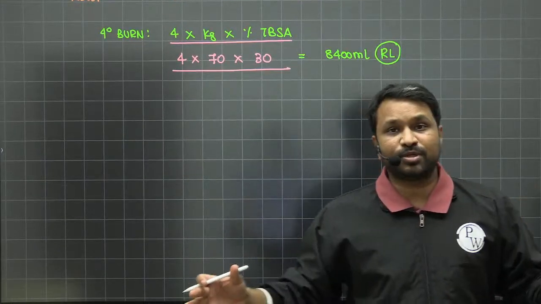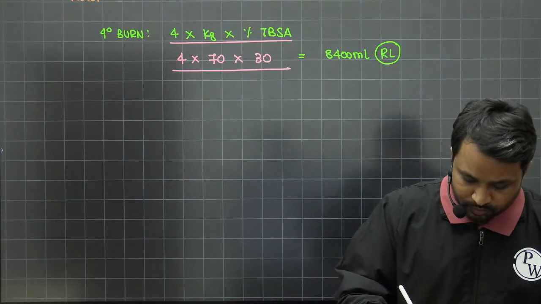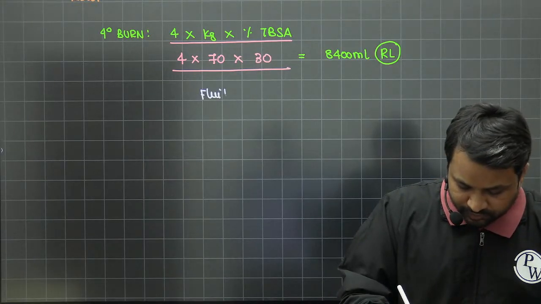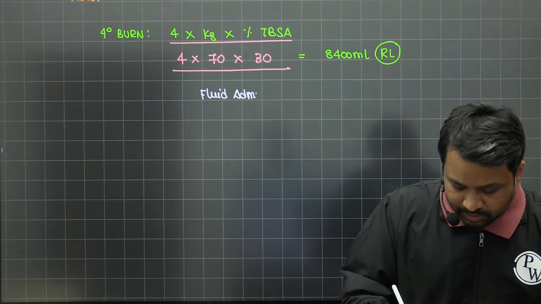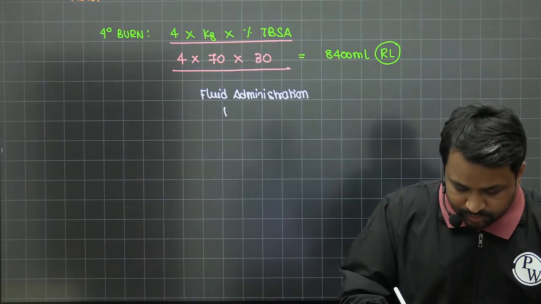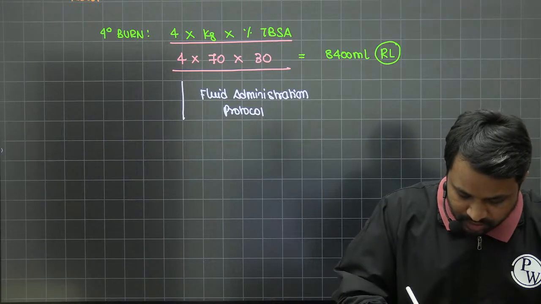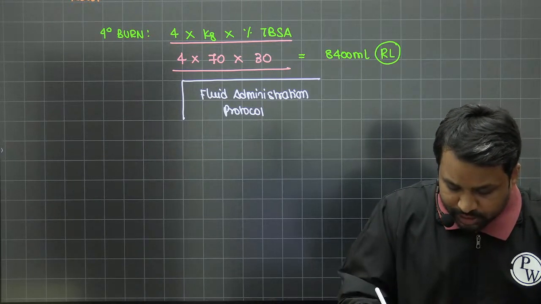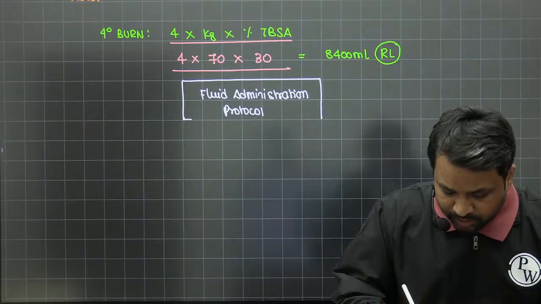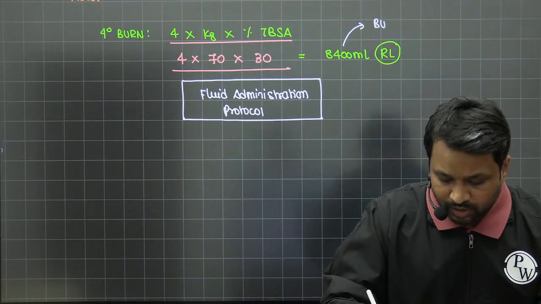Now once you have this much fluid, how do you administer it? So, the fluid administration protocol. According to the fluid administration protocol, whatever burn fluid that you have calculated, that means the 8,400 ml, this is what we call the burn fluid.